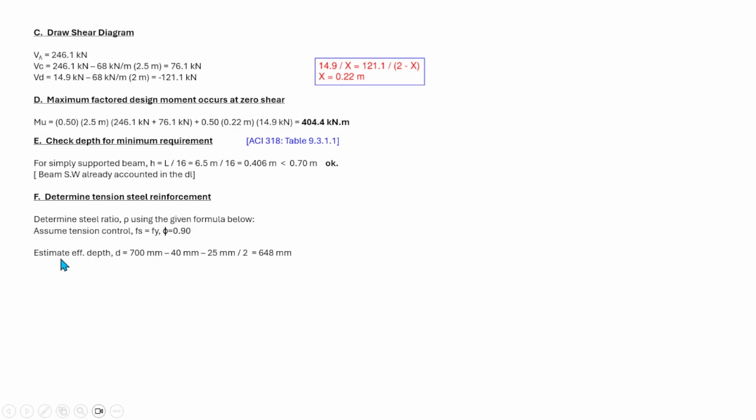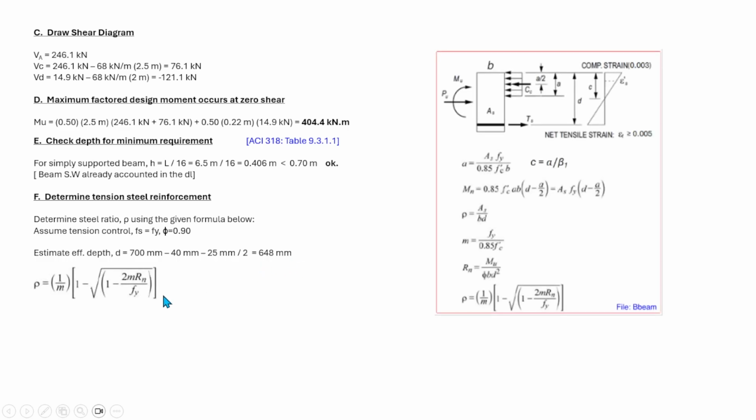Again, we need to assume the effective depth, which is equal to 700 minus the clear cover, which is 40 mm, minus the centroid of the main reinforcing bars. Let's say we will use 25 mm diameter, and that is equal to 648 mm. That is the effective depth of the beam.